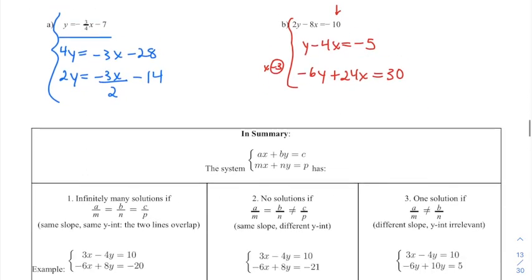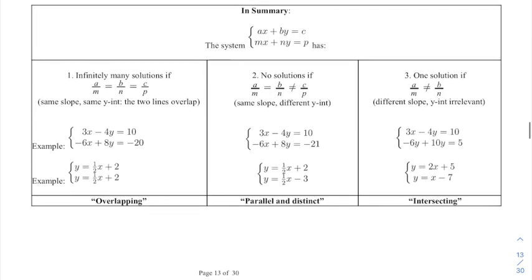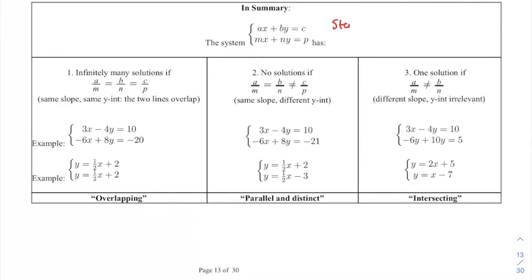Okay, so in summary, when I look at the equation of a line, and I'm going to use standard form, but it works too with y equals mx plus b, I know I have infinitely many solutions if the coefficients are ratios of each other. All 3 of the coefficients of the first line are a ratio of all 3 of the coefficients in the second line.